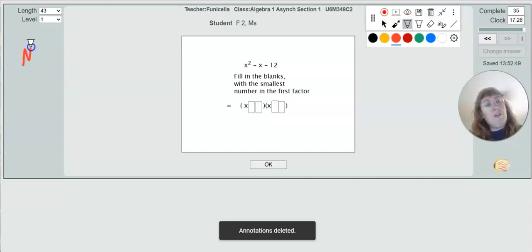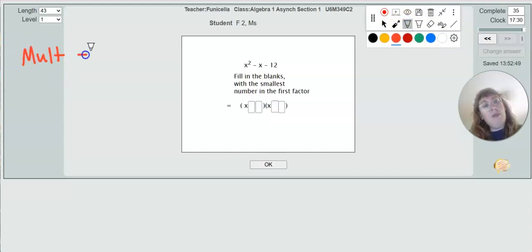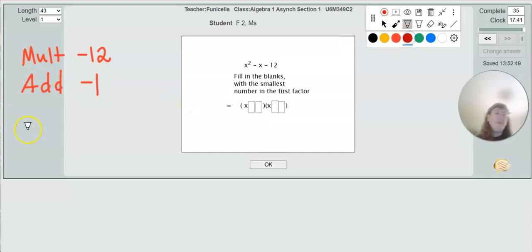For this next one, we want to find two numbers that multiply to a -12. So one of our numbers has to be negative. And adds to a -1. So we want a difference of 1. So like if we think about 2 and 6, they have a difference of 4. So that probably is not going to work. 12 and 1 have a difference of 11.